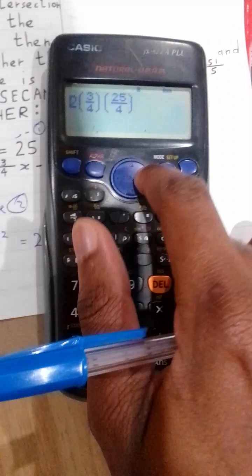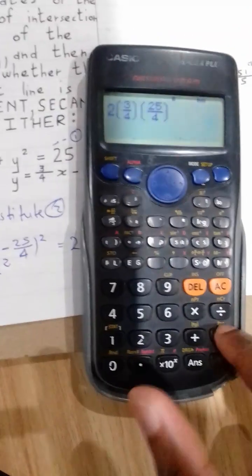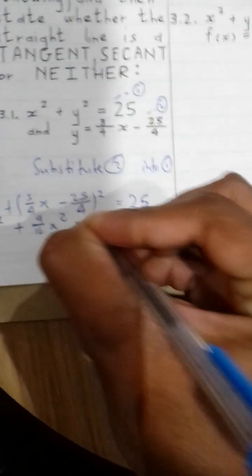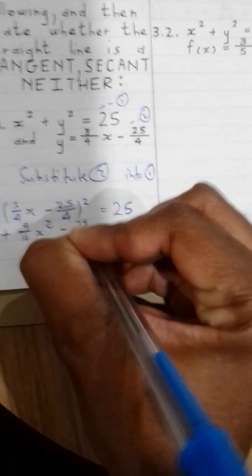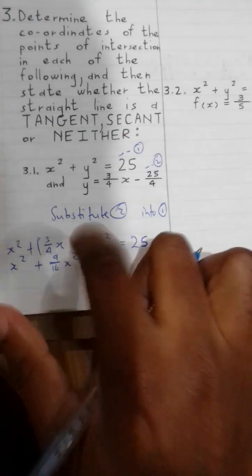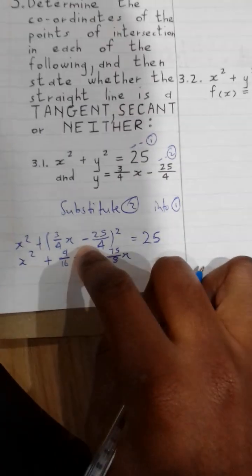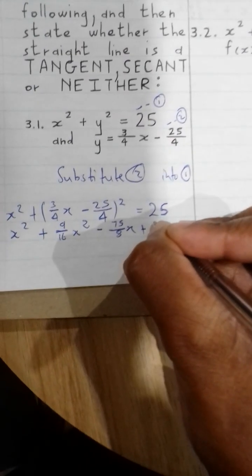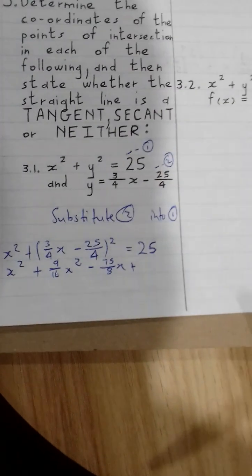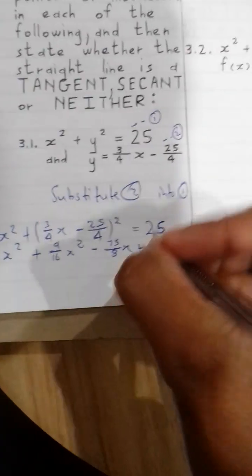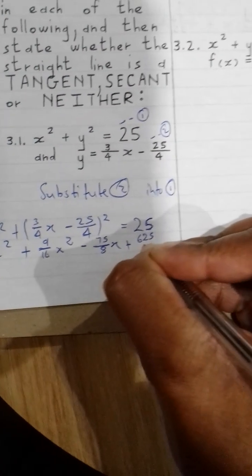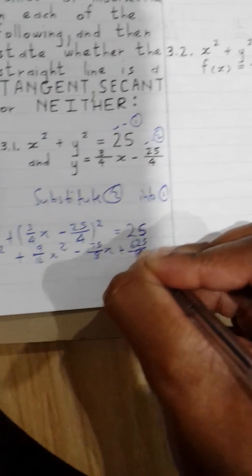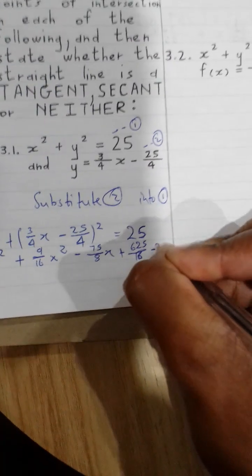Actually negative 25 over 4, my mistake. Negative 75 over 8x. And then negative 25 over 4 times negative 25 over 4, positive. What is 25 squared? 625. 625 over 16. 25 goes to the other side, it becomes minus 25 is equal to 0.